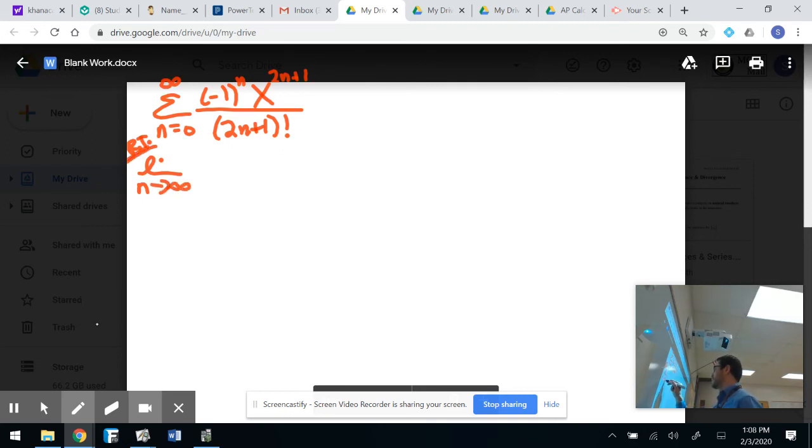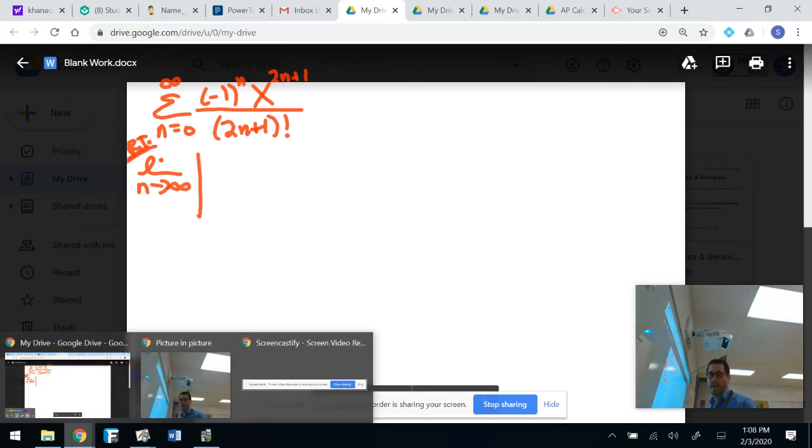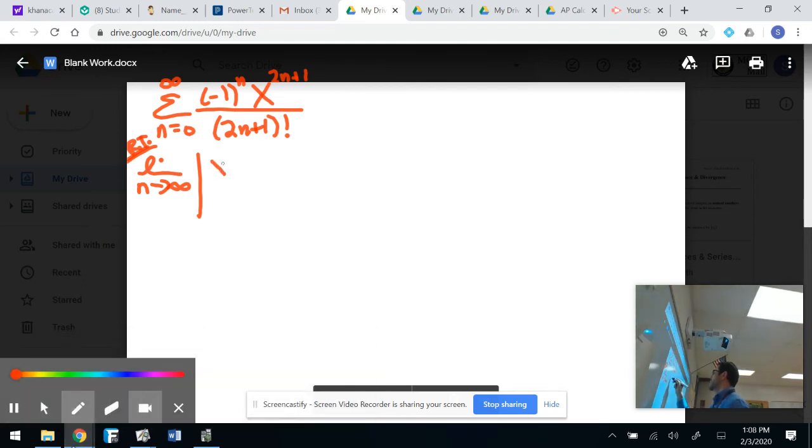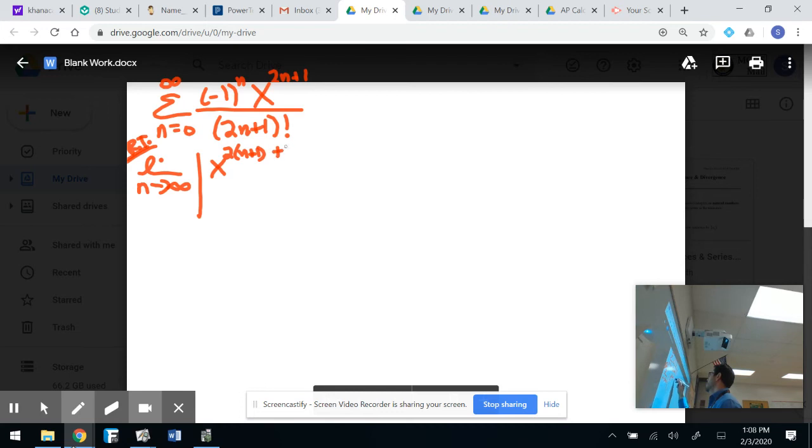And the ratio test says, RT, maybe we should do a good job of saying what we are doing. The limit as n approaches infinity of the absolute value. What could I do with that alternator? See ya. Because the absolute value of a negative is always a positive. Then we have x to the 2 times n plus 1 plus 1, all over 2 times n plus 1 plus 1 factorial.